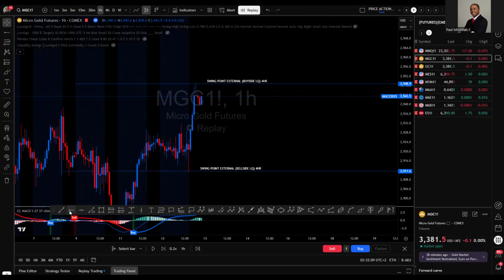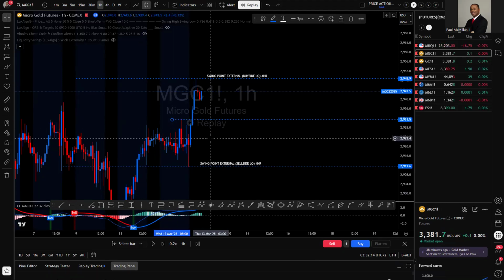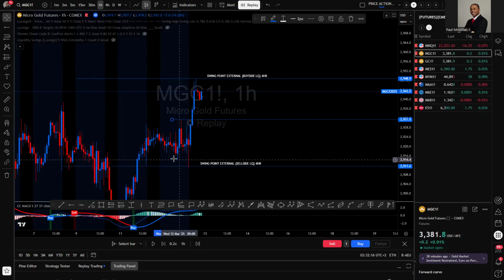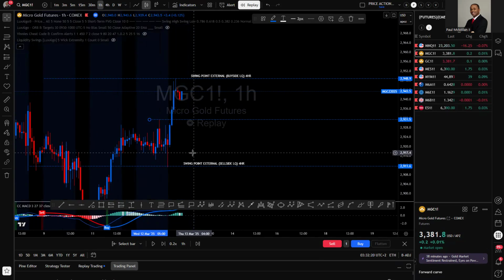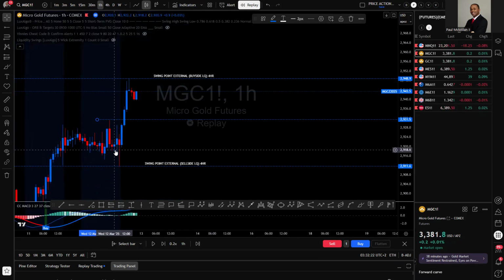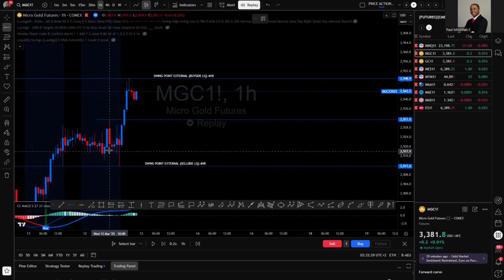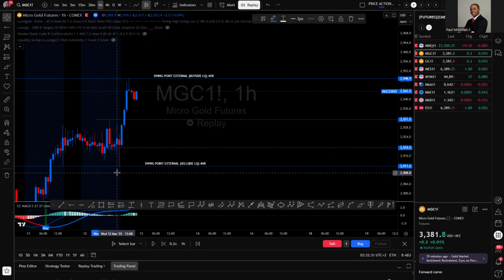Let's go ahead and mark these up as well. I just want to mark the liquidity right up here. And then we have equal lows here. You see that a little bit here, the same there. Equal lows here. There's liquidity right here as well, so I'm going to go ahead and mark the liquidity right here.